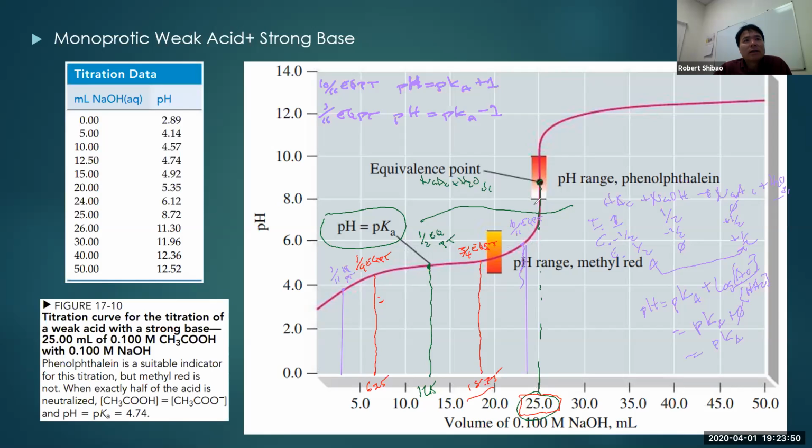Of course, we can calculate any other points in here. It's not too bad to do. And so what is 10/11 of 25 milliliters? And so, you know, what is the volume here? So this would be 25 milliliters would be the 11/11. And so what is the 10/11?